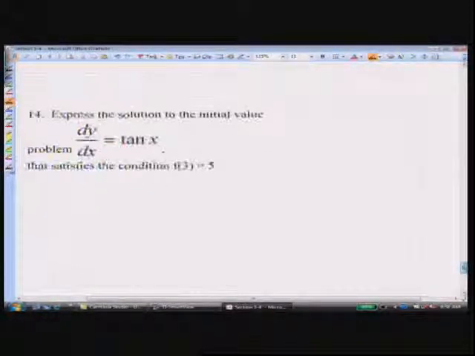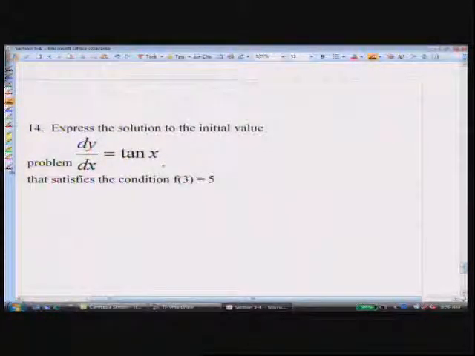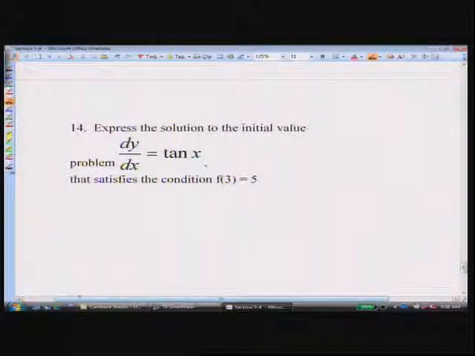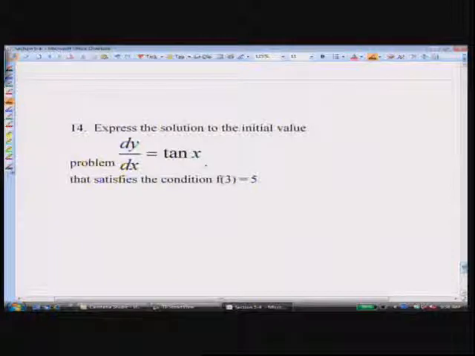Okay. Now let's look at the notation here. It says, express the solution to the initial value problem dy dx equals the tangent of x that satisfies the condition that f of 3 equals 5.